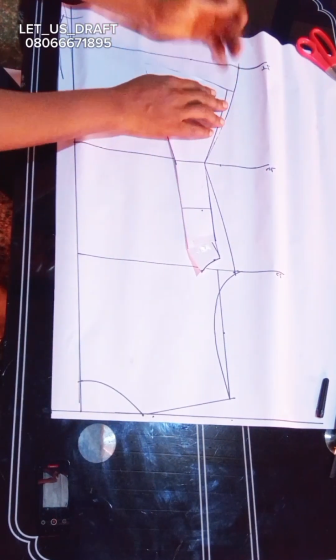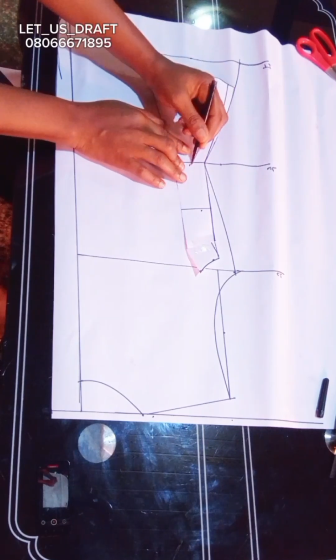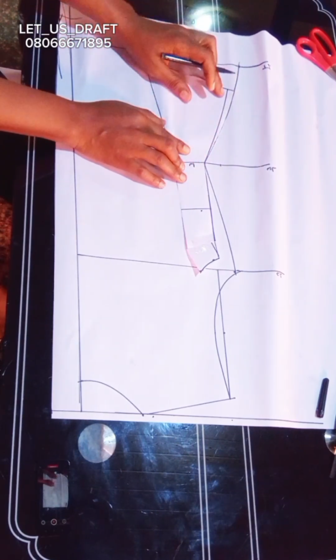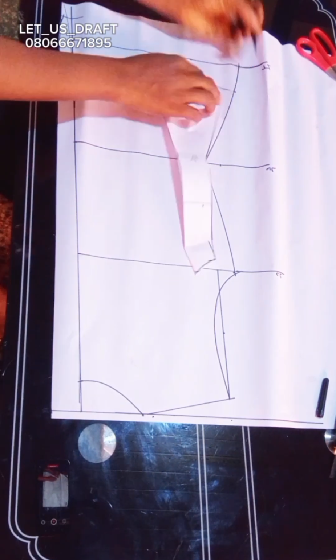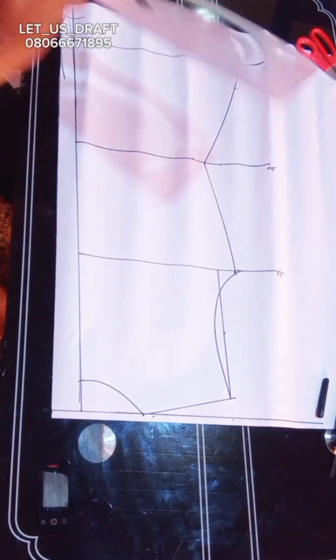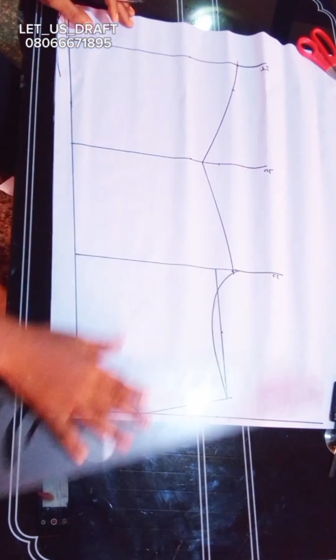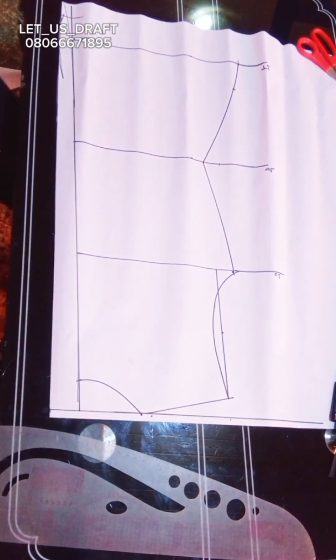You can see it is equal. I'm aligning from the waist down. I'll just mark a dot to know where it is stopping. That is because of the 2 inches we went up with.